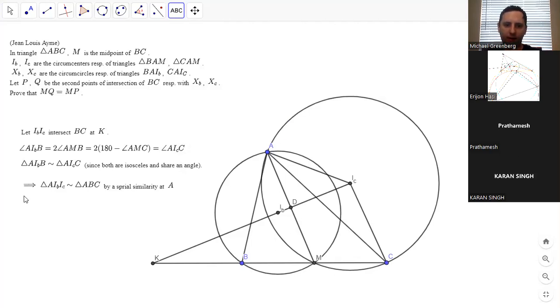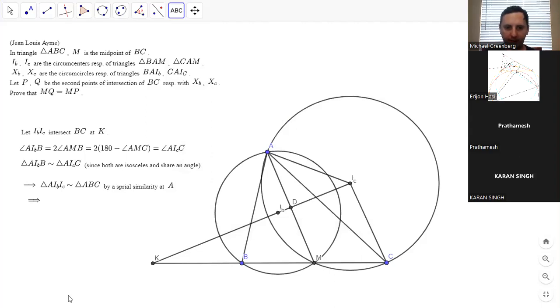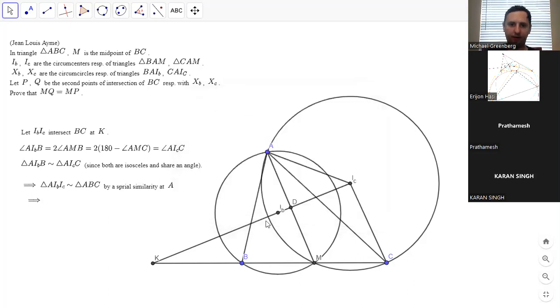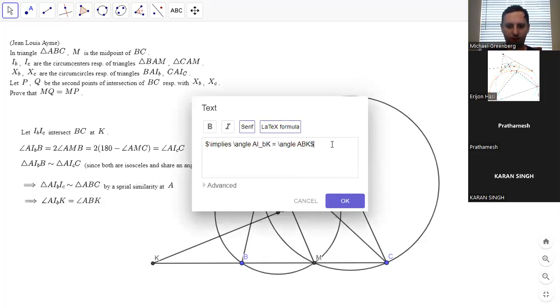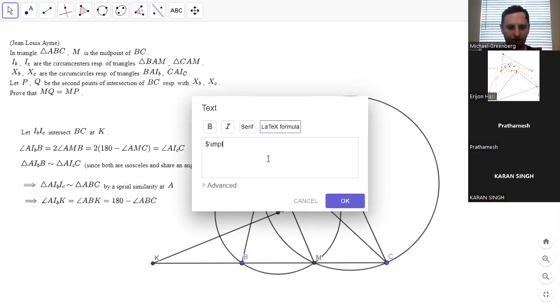And from there, that would mean angle AIBK is equal to angle ABK, because those are both 180 minus angle B. And so that means that AIBBK is cyclic, and that means that K is equal to P. And then similarly, K is equal to Q.